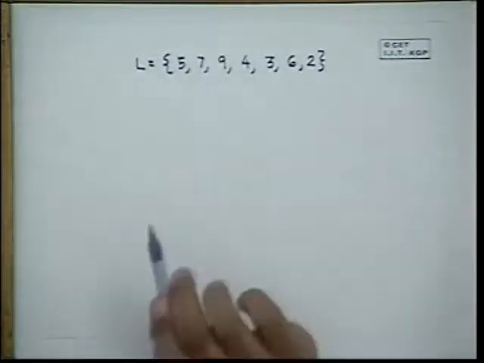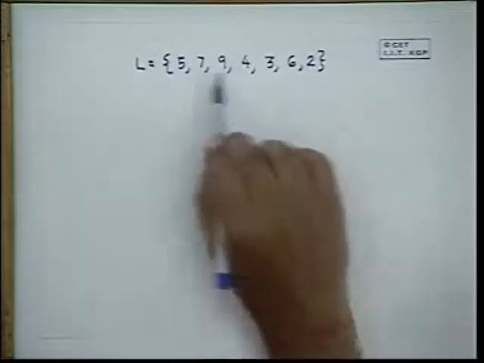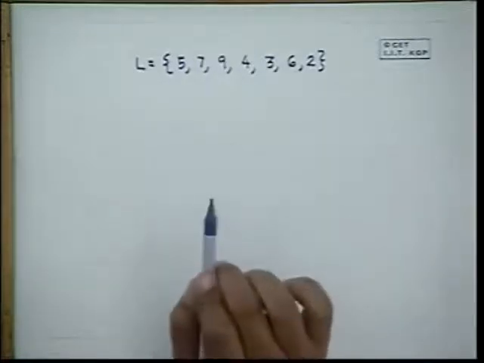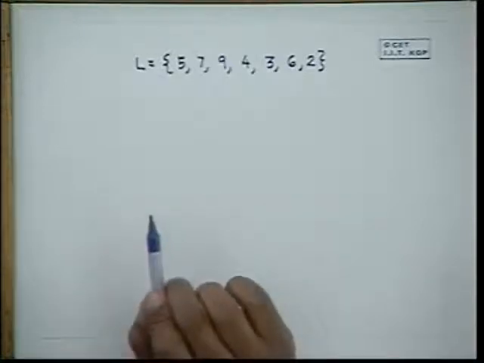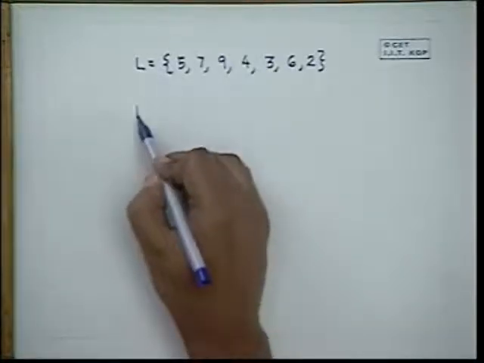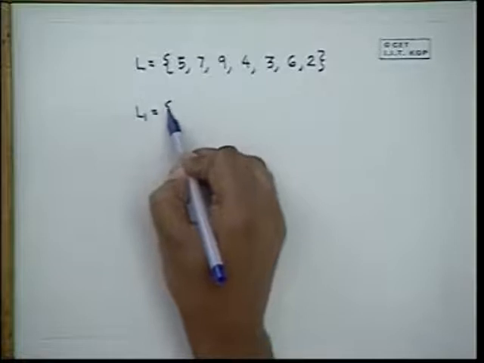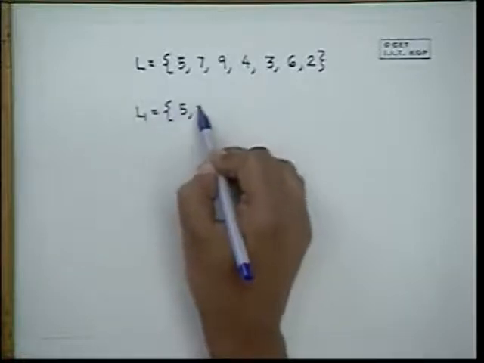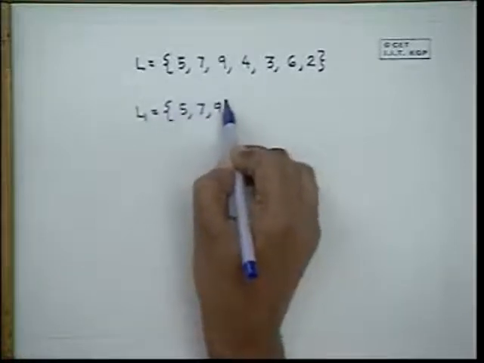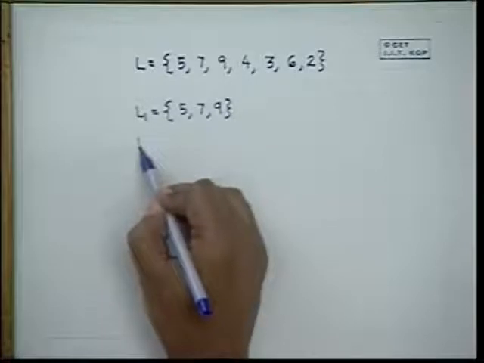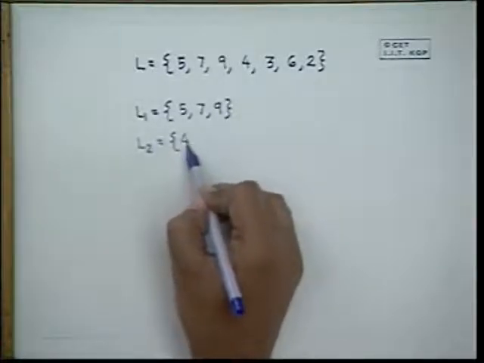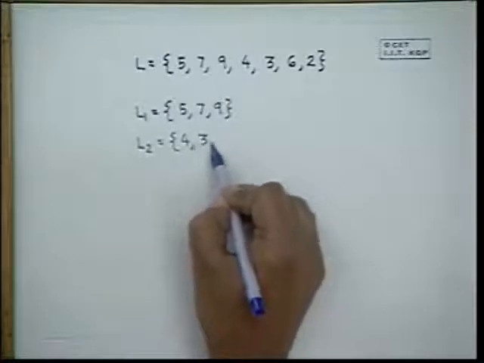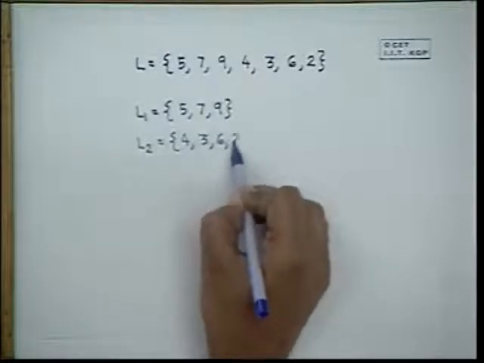I have to sort this, alright? I break up this list into two parts. Any two parts which are non-empty. So I break up this list into two parts, L1, 5, 7, 9. And L2, 4, 3, 6, 2.